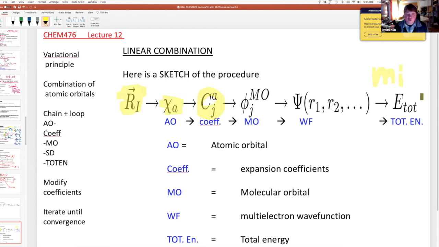So by now you know all the principles, and the rest will be details for practical implementation. In some sense, the computational procedure to vary, which means change values of these C coefficients, is similar to the procedure for optimizing geometry.